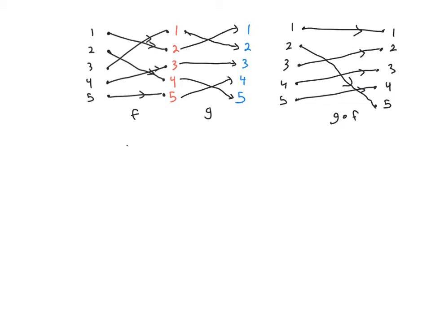And so what was f again? Well, it is the permutation. Well, let's have you think about it. What should f be and what should g be? I'll give you a good 10 seconds.